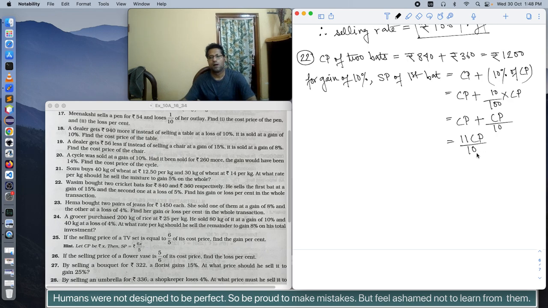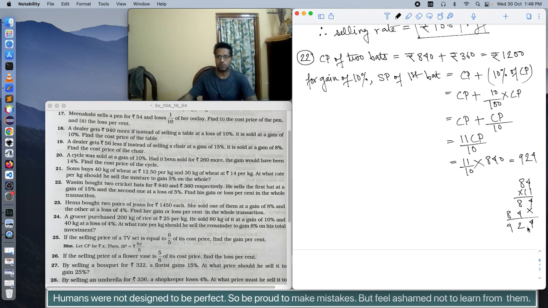This is equal to 11 by 10 multiplied by the cost price of the first bat, which is 840. 840 multiplied by 11 is 924. So 924 is the selling price of the first bat at a gain of 10%.